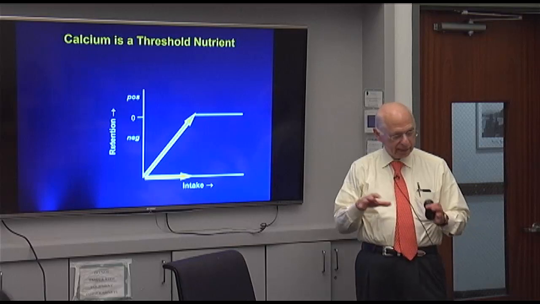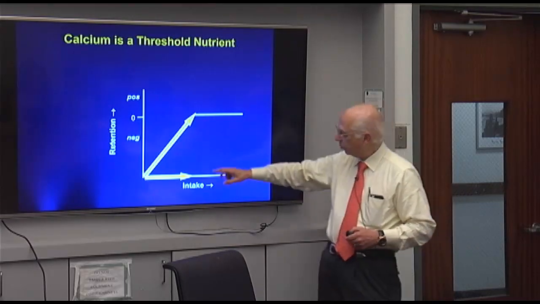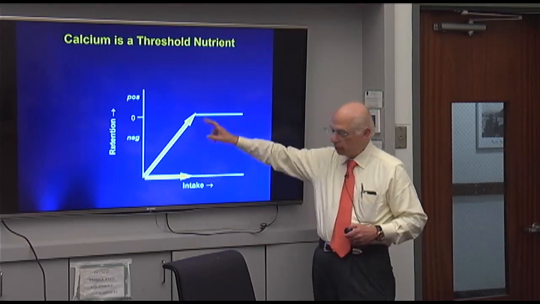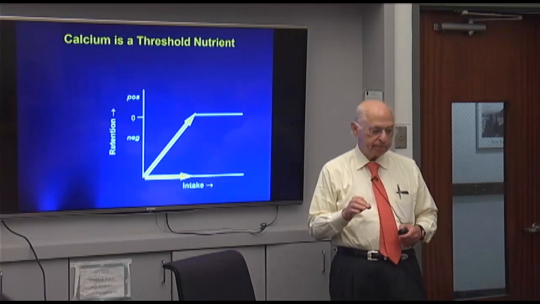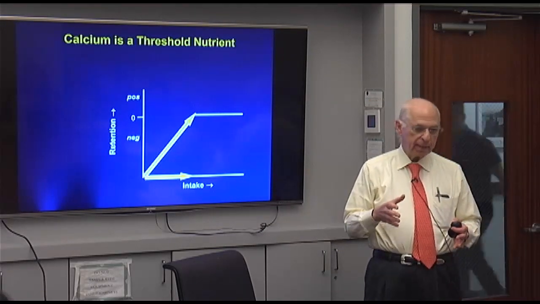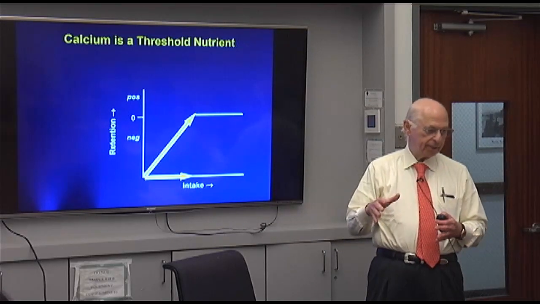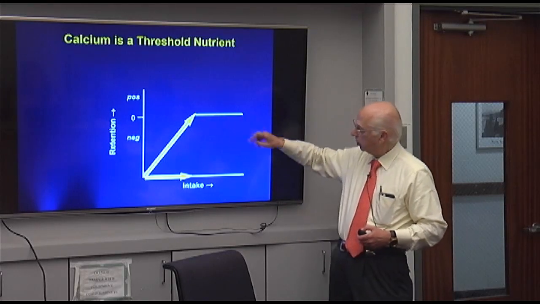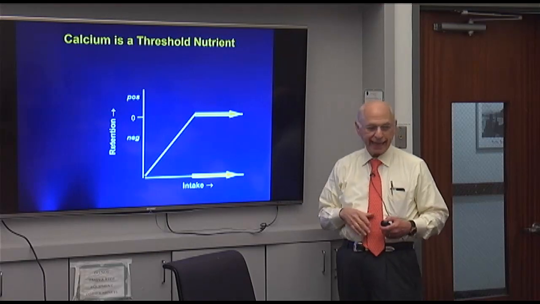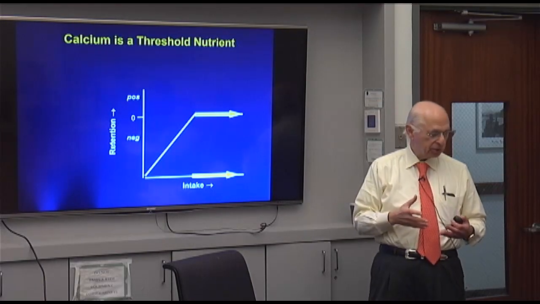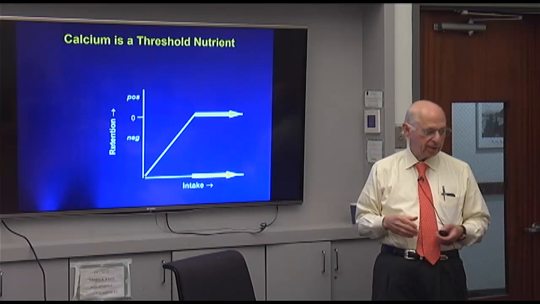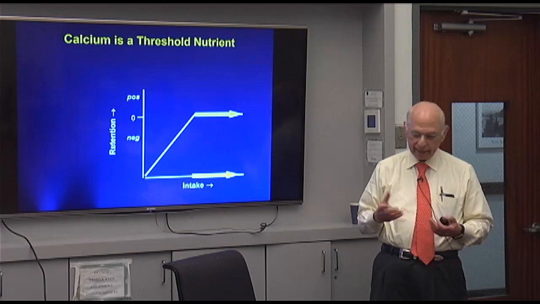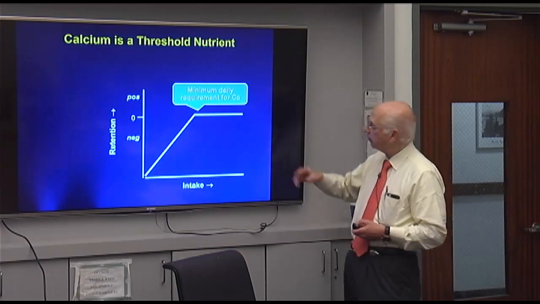That's what is meant by a threshold nutrient. And the point that Bob showed was for calcium, in a normal person, it's up to 1,500. More than 1,500 milligrams of calcium, you don't gain any benefit. What you're going to do is just pee it out. So why take more than 1,500?